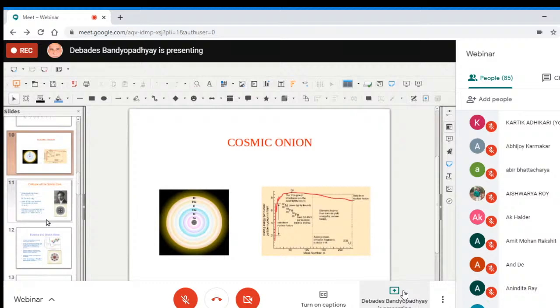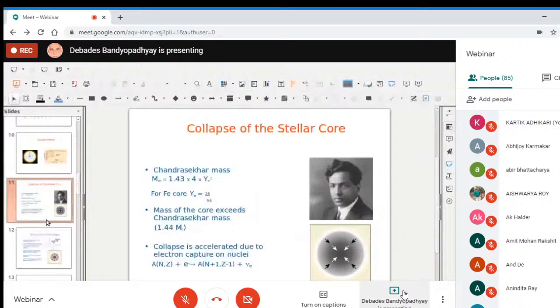So what are these processes? First thing, there is no production of energy. That means this core, or the whole star, is unstable, because there is nothing to balance the gravitational force.